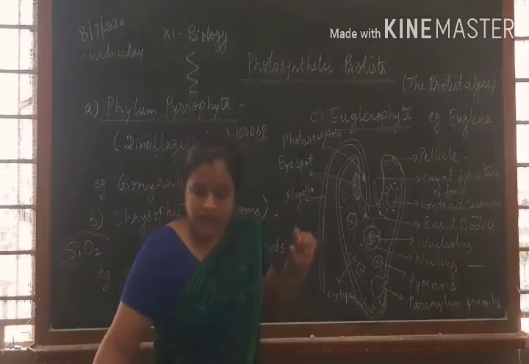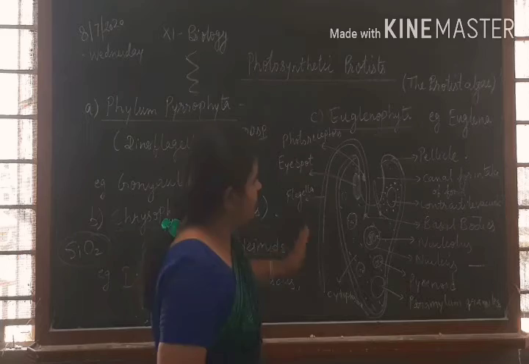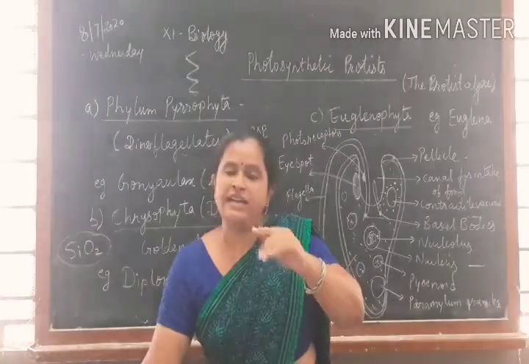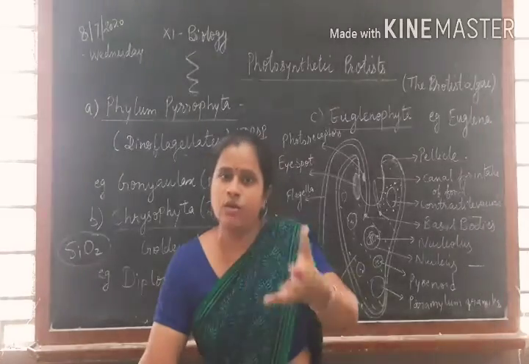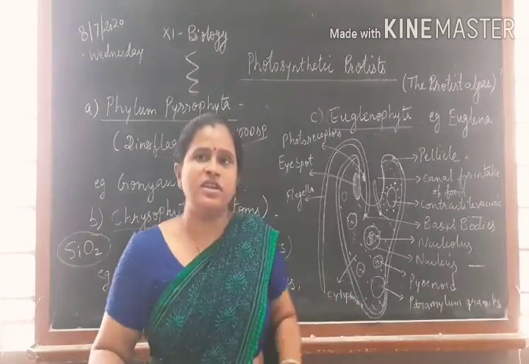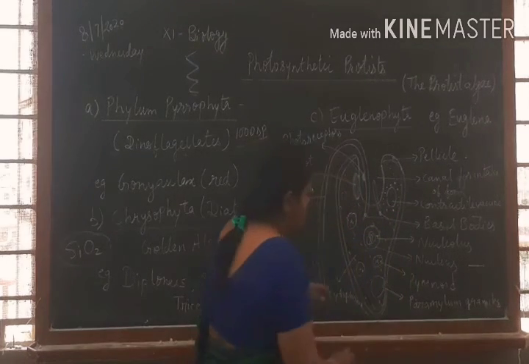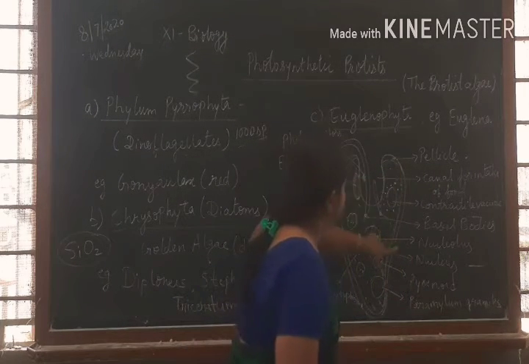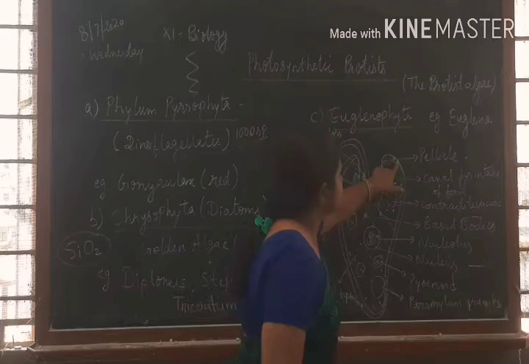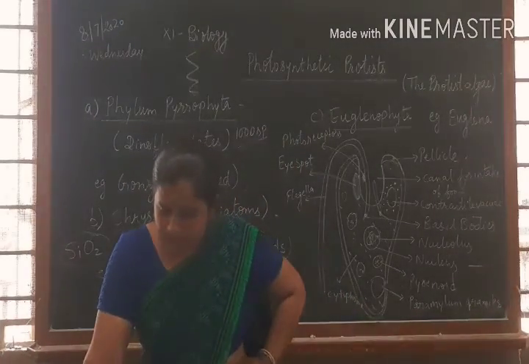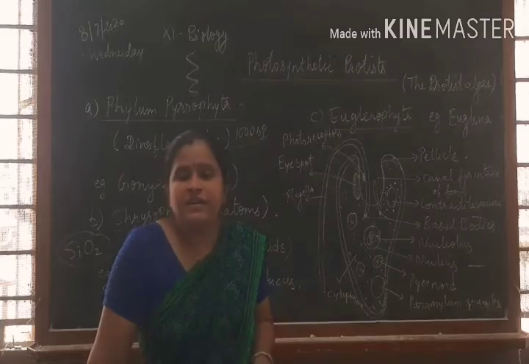Now, they have a pellicle. Previously we said a cellulose wall is there. Instead of a cellulose wall, they have a pellicle, this structure we can see. Why is the pellicle there?